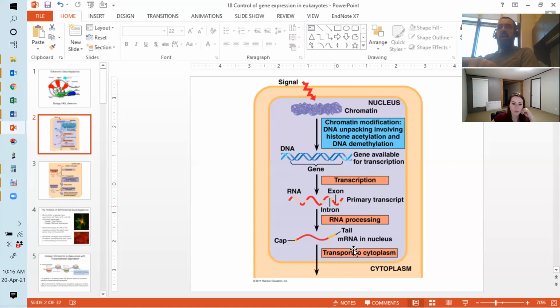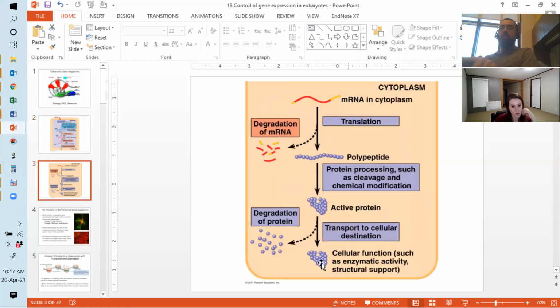And then essentially we have the whole series of processes that we just talked about here, ending up with a protein that is where it needs to be and in a form where it can do what it needs to do. Right, and there are lots and lots of different examples that one could use.